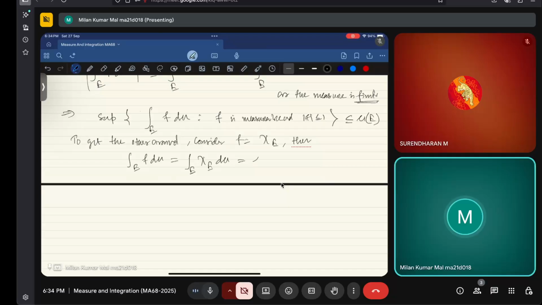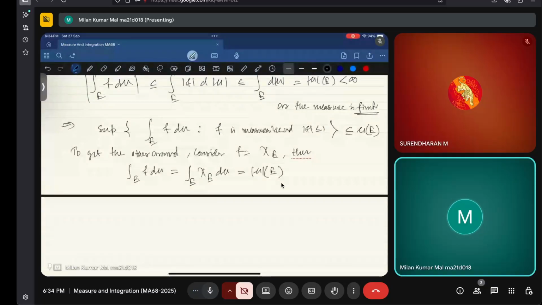So this will be equal to mod of mu E. Okay, so I think this is correct. Let me check the last one.